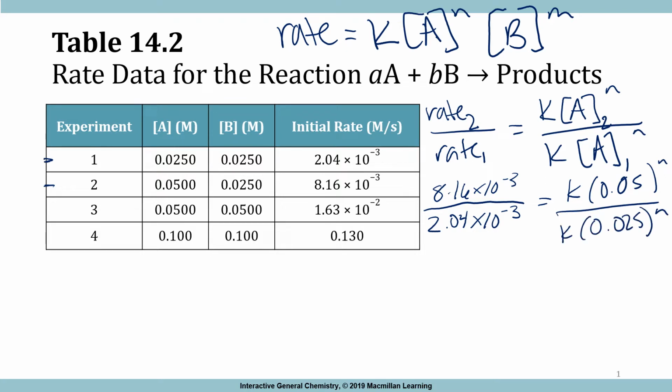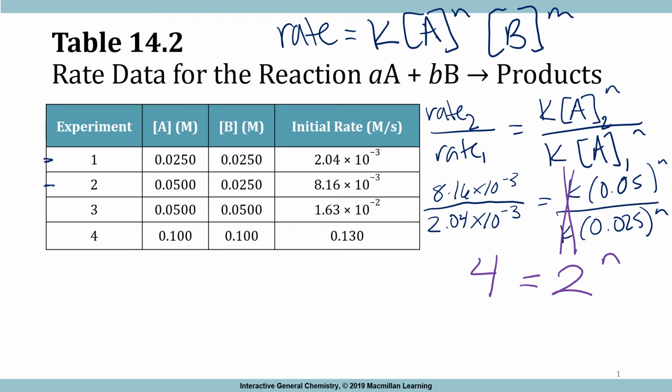All right, those K's are going to cancel. I get 4, because 8.16 times 10 to the minus 3 divided by 2.04 times 10 to the minus 3 is equal to 4, is equal to 2 to the nth power.